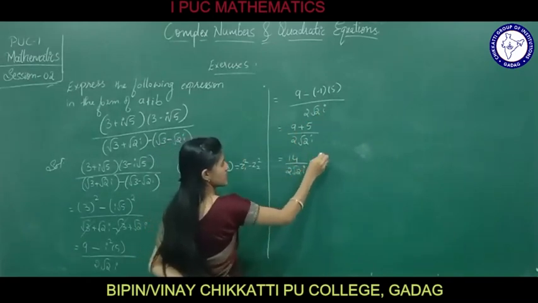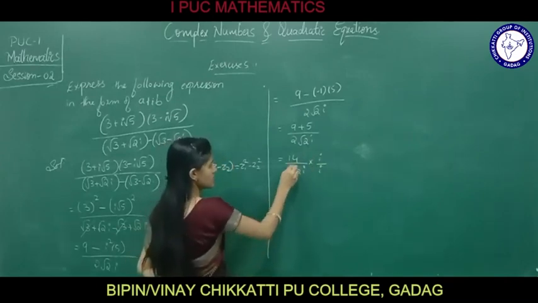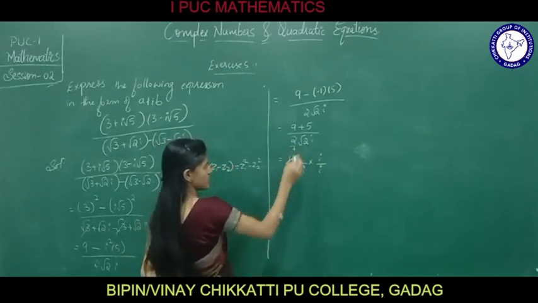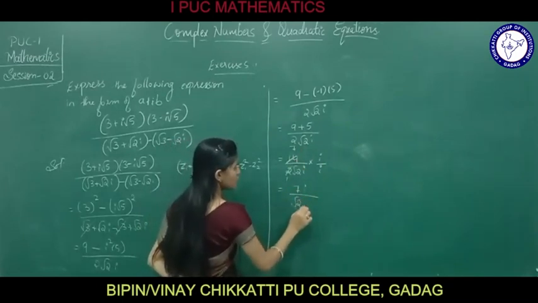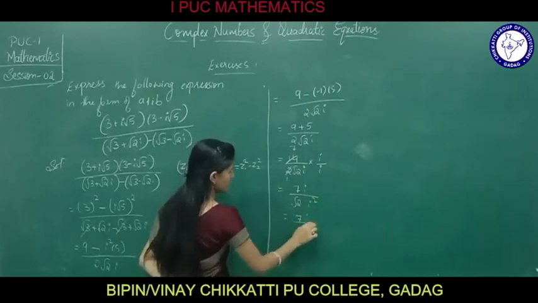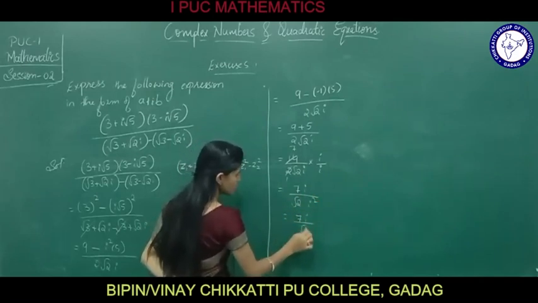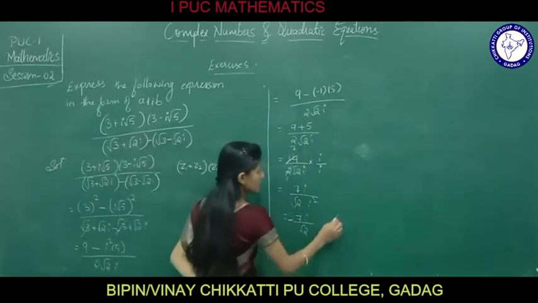Let us multiply and divide by i. We got it as 2 1s are 2, 2 7s are 14, 7i divided by root 2 i square.